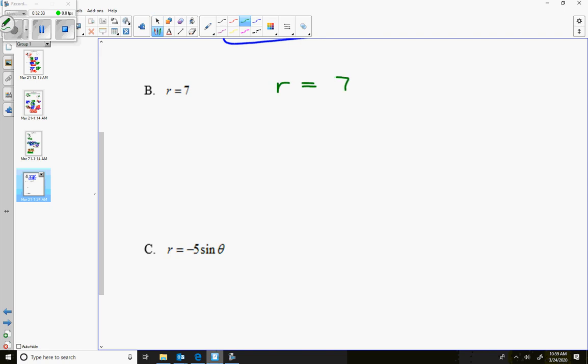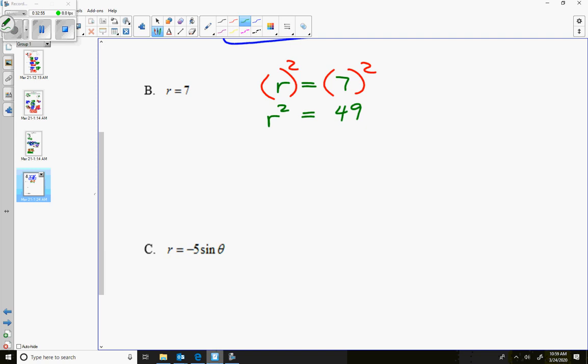Instead, I don't want to multiply both sides by r. I want to square both sides. Now, that still gets me r squared on the left, which is good. But now I don't get that r on the right, which is also good. Now again, what is r squared?